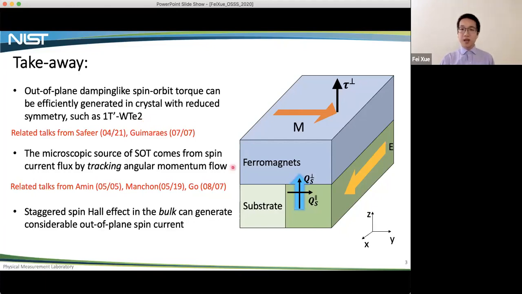Because of the symmetry breaking, we are allowed to generate a dampinglike torque even when the magnetization lies along the high-symmetry direction Y. It is not allowed in conventional platinum-cobalt, for example, because of the symmetry.